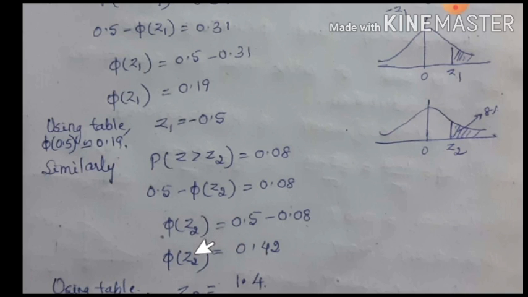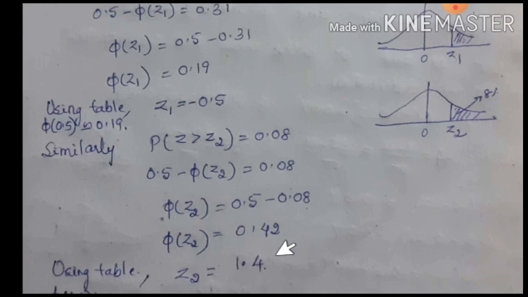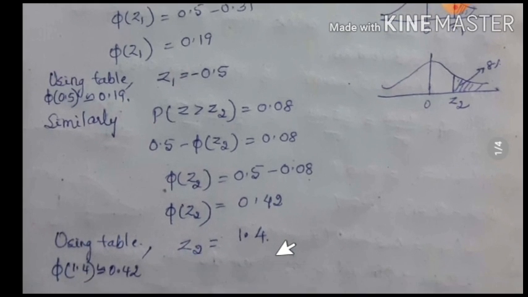I need to find from the table at what value of z2 I get an area of 0.42. At 1.4 you will get the area as 0.42. Hence the z2 value is on the right side, so I will take z2 as positive 1.4.